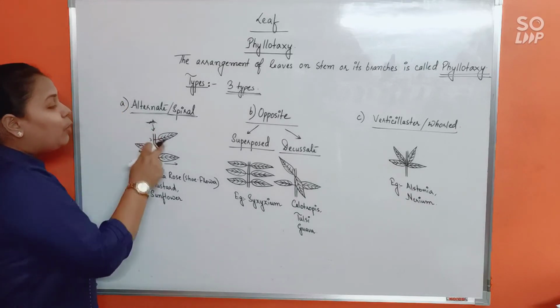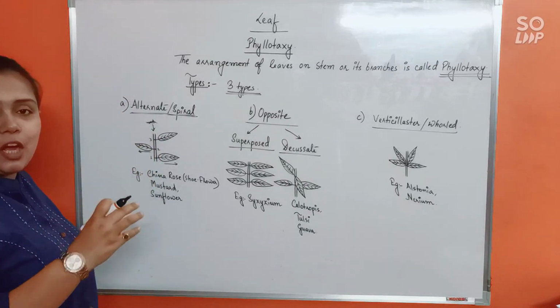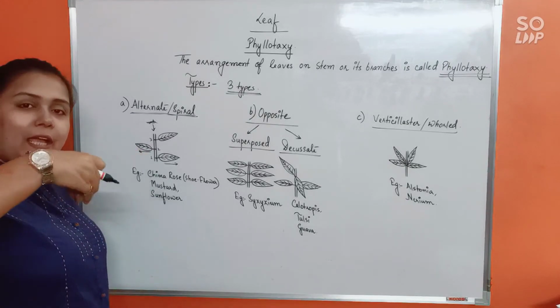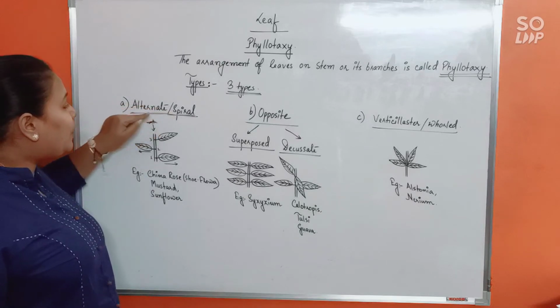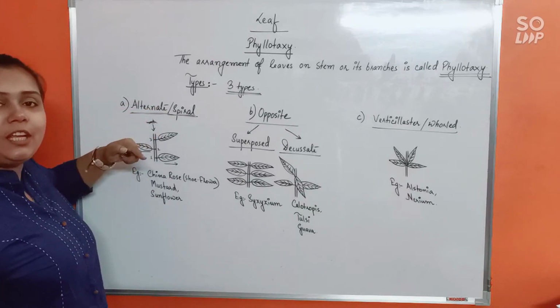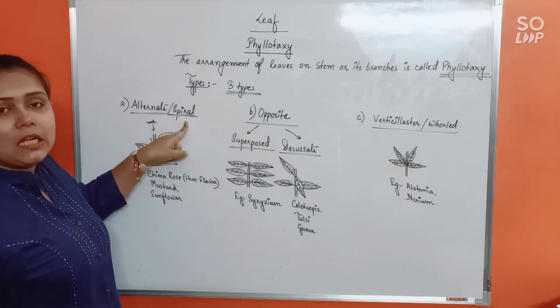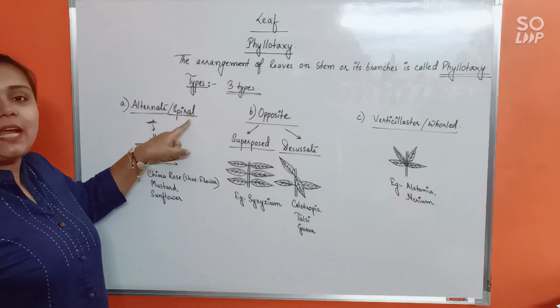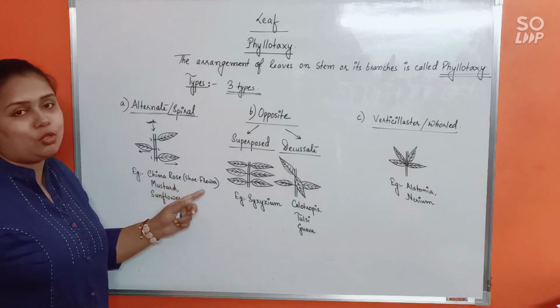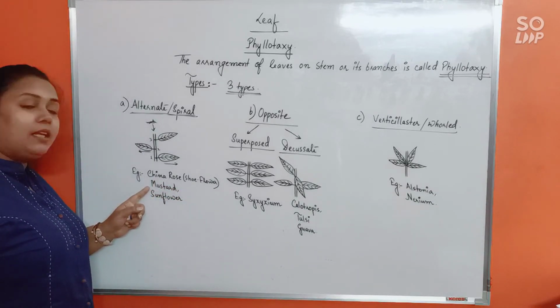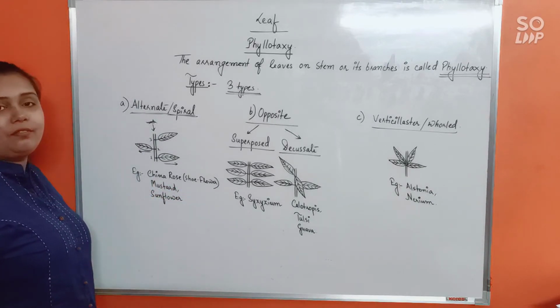From the top view, the leaves which are arranged in the alternate manner would look like a spiral arrangement, right? That's why we also call it spiral phyllotaxy. Is that clear? Example would be China rose, which is also known as shoe flower. Then there will be mustard and sunflower.